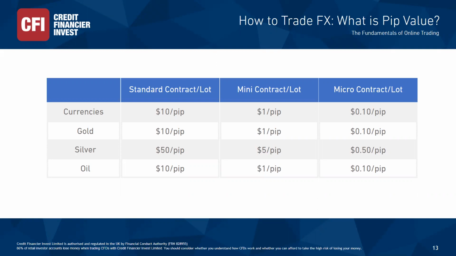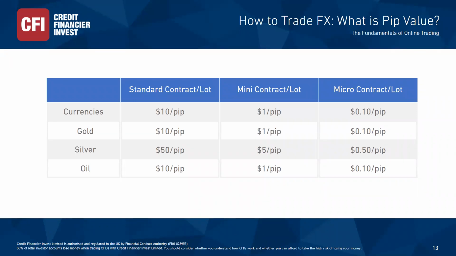Okay, then for example, if you're looking to trade the US dollar versus the Japanese yen, obviously the value of my pip would be different. It would not be $10. For one standard contract of the US dollar versus Japanese yen, it would be 1,000 Japanese yen.